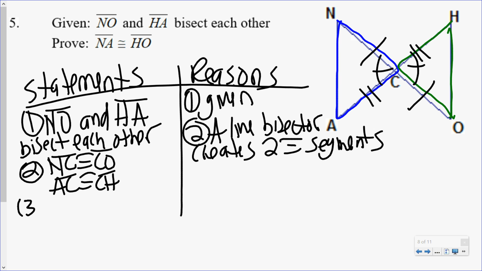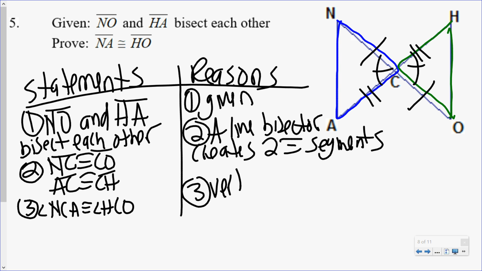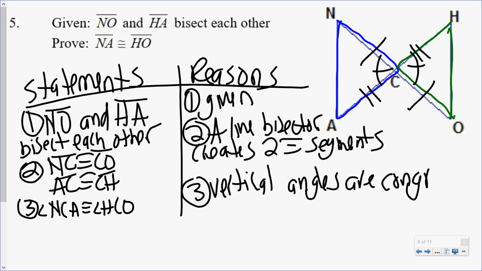So I state angle NCA is congruent to angle HCO, and my reason, vertical angles are congruent.